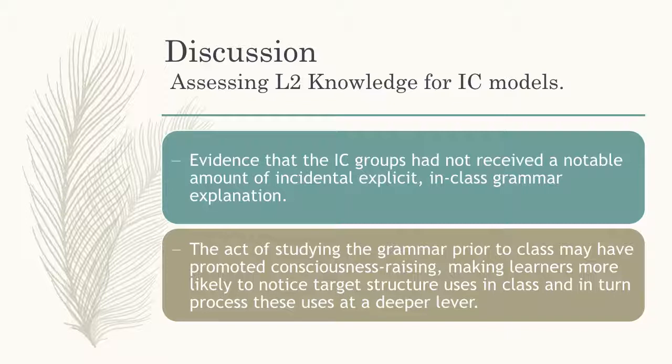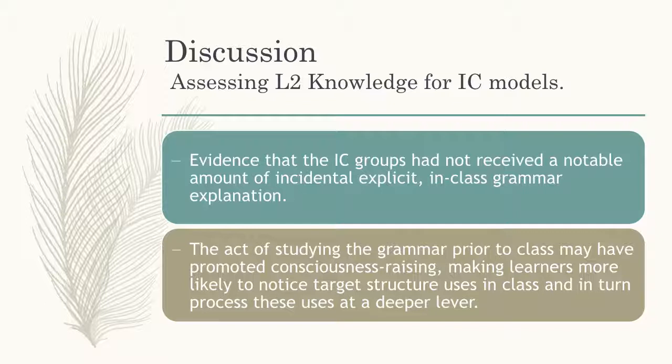To assess second language knowledge for the inverted classroom models, they were measuring 3 knowledge types. One was metalinguistic knowledge, the second explicit grammatical knowledge, and the third production knowledge.